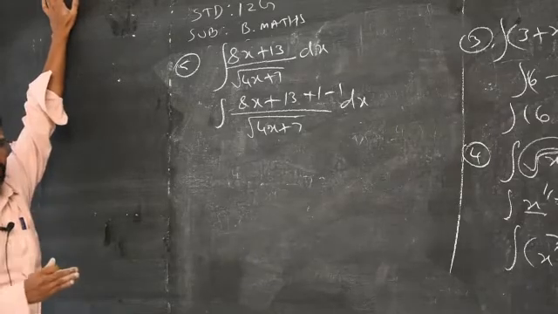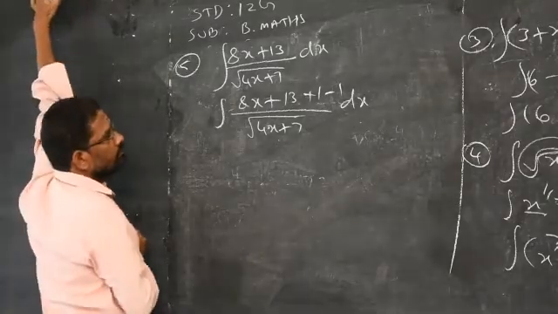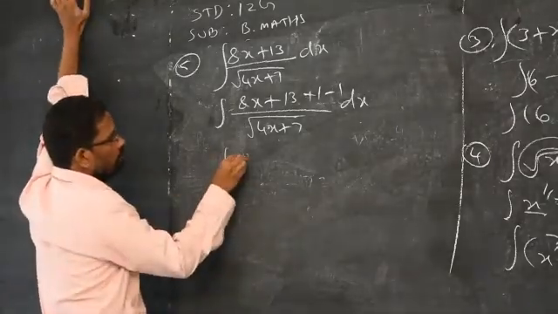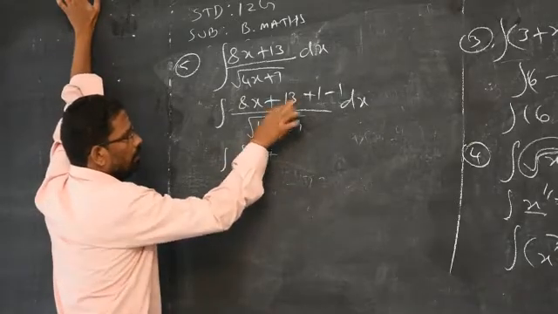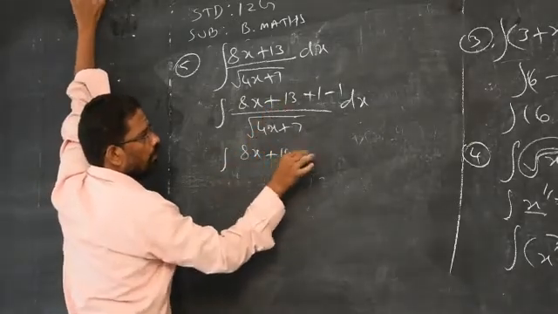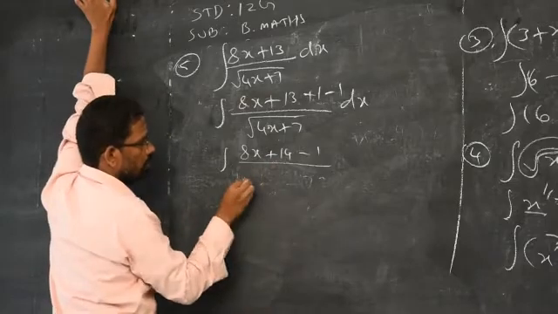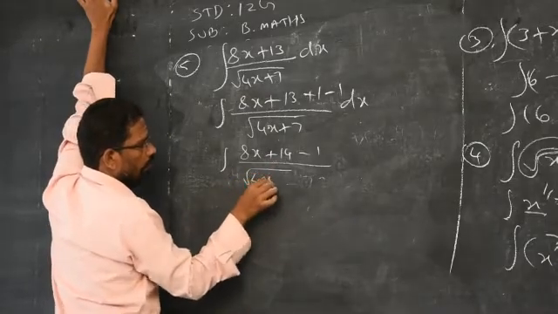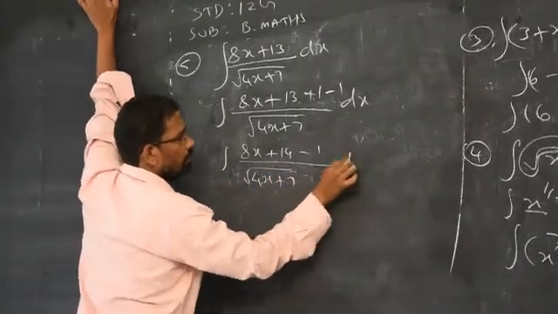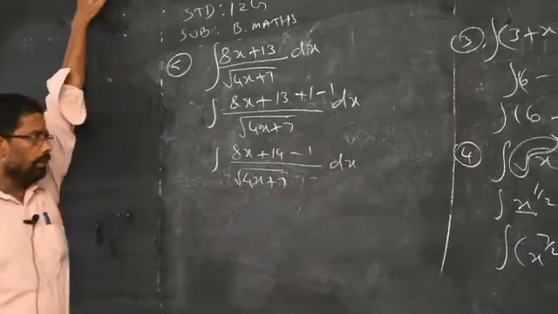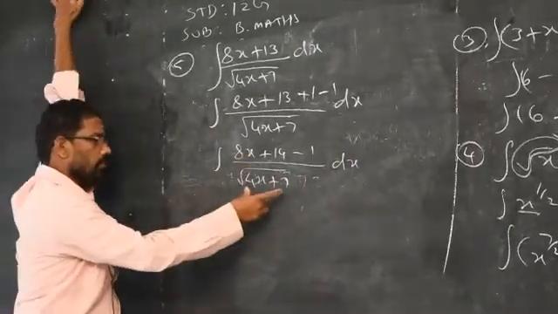So 8x, 13 plus 1 is 14, minus 1, by square root of 4x plus 7 dx. Now the problem is some of the boys know 8x by 4x.